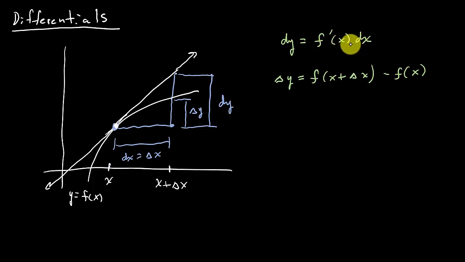It's not really a lot different than what you've been doing, taking derivatives. You're just taking the derivative of the function and then times dx. And then delta y is f of x plus delta x minus f of x. That's the change in the y values on the curve. That's all that is. So let's look at a couple of examples.